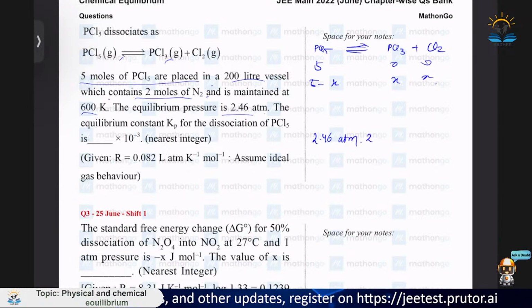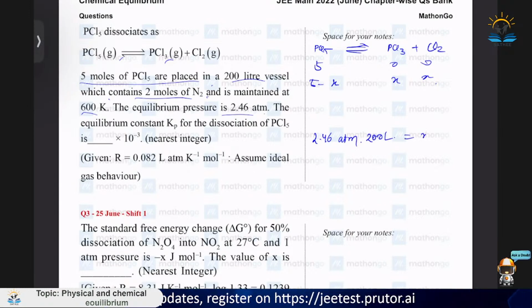Equilibrium volume is 200 liters. Moles we have to find out. R we have, 600 Kelvin we know.